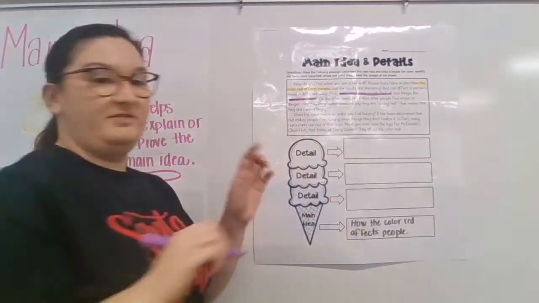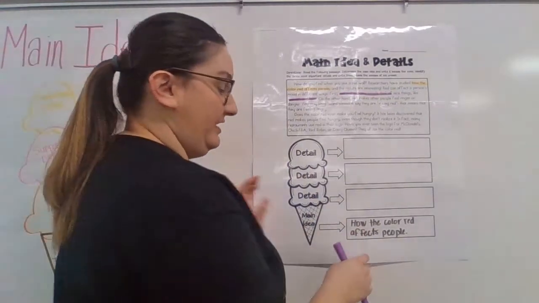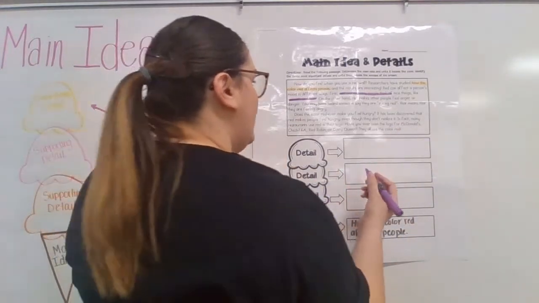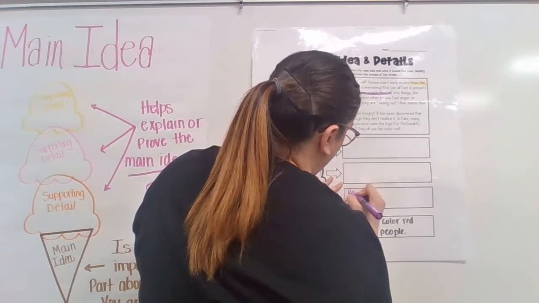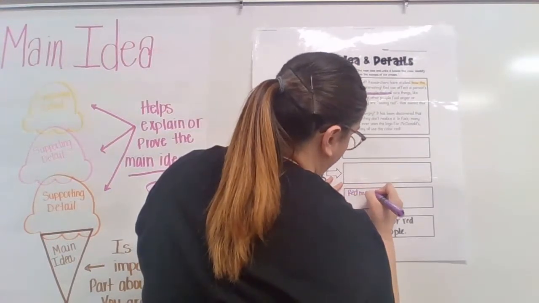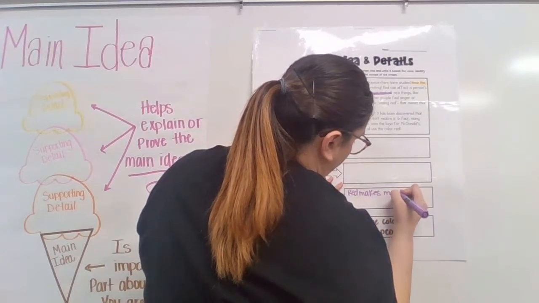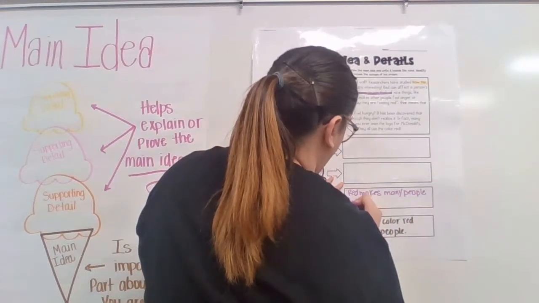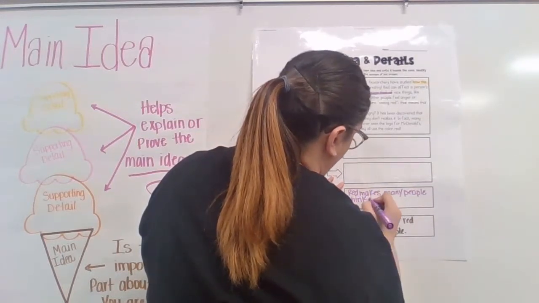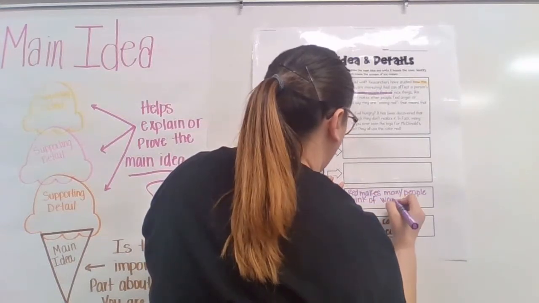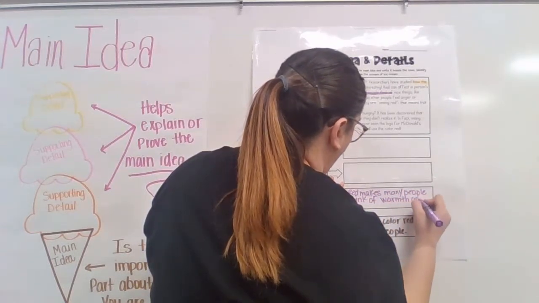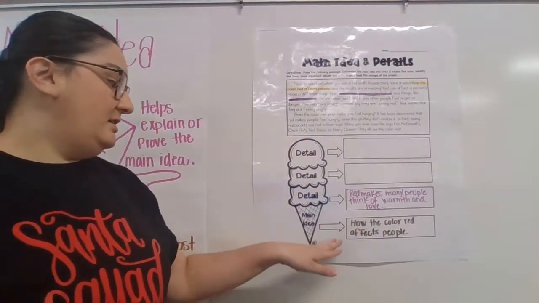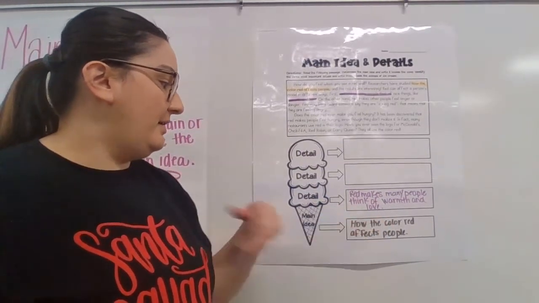That's a detail because it's talking about how it affects people, their mood, how they feel. So we can put: red makes many people think warmth and love. If you notice, this detail does support our main idea because it's still talking about the color red.